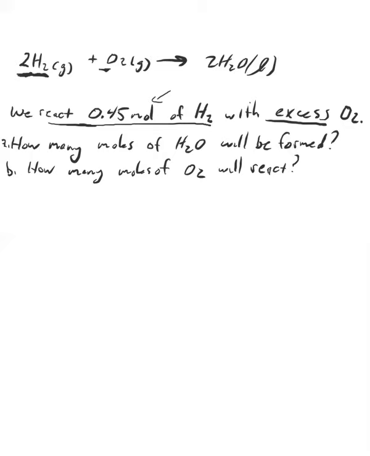Okay, that's the interpretation. Every time 2 moles of H2 reacts, 1 mole of O2. That you tell from the equation just by looking at the equation. It also tells us that every time 2 moles of H2 reacts with 1 mole of O2, you will get 2 moles of H2O, okay?